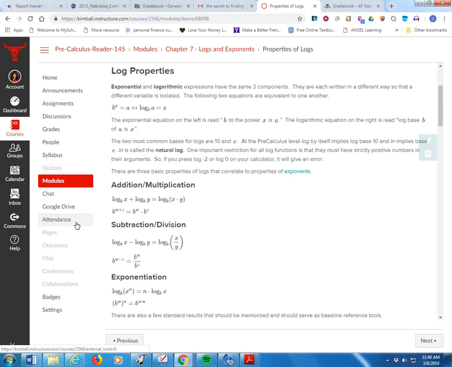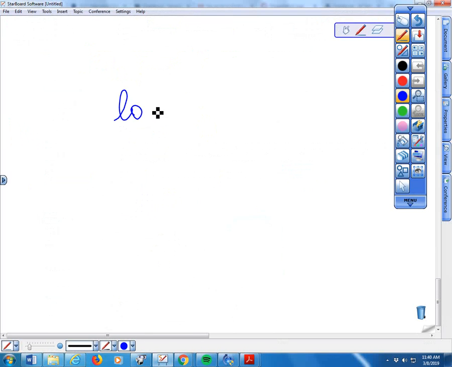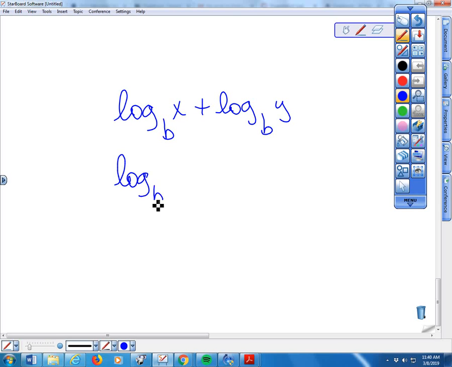Okay, so when I look at log base b of x plus log base b of y, I can condense this, because they have the same base, to the log base b of x times y. Because if I multiply the exponents, I add them. If I'm going to add the logs with the same base, I multiply those components.